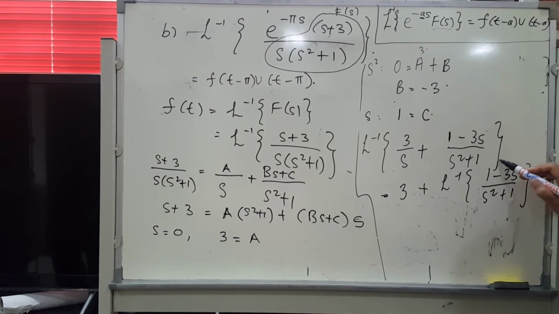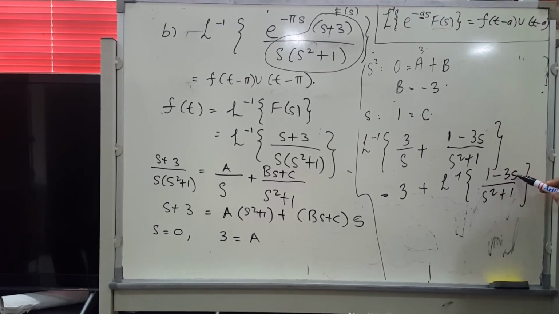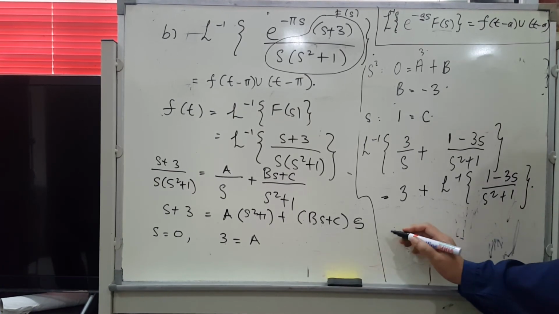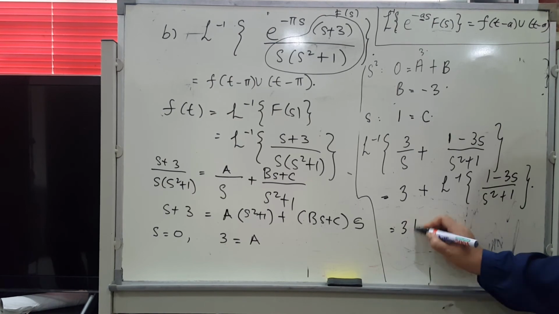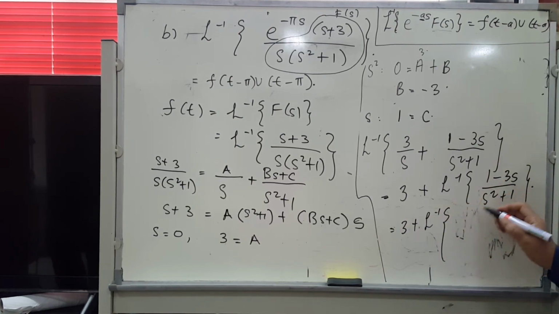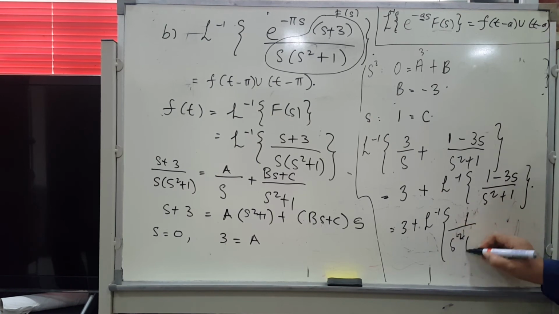You see, we don't have a function like this in the table. We do have this in the table, but we don't have this at the top. In the table, we need to separate. So we separate this: Laplace inverse of 1 over s squared plus 1 minus 3s over s squared plus 1.